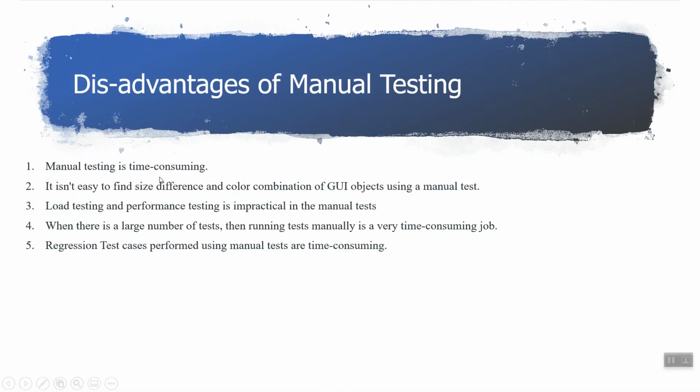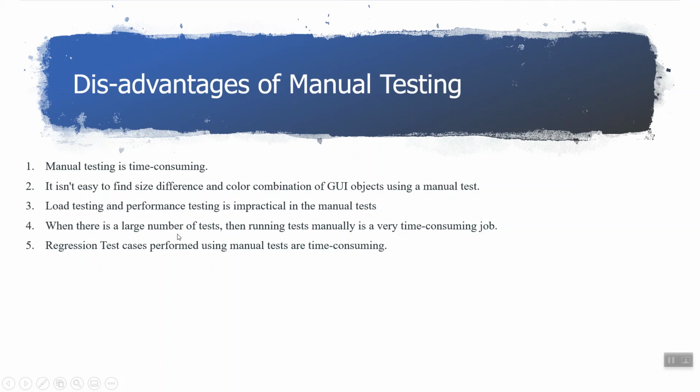Next is disadvantages of manual testing. Manual testing is time consuming because we have to run all the test cases manually here. It isn't easy to find size differences and color combinations of GUI objects using manual testing. Also, performance testing like load testing or stress testing is impractical with manual testing.